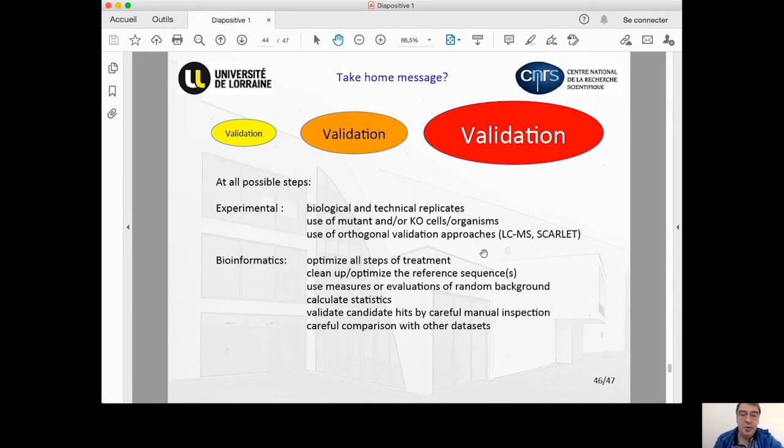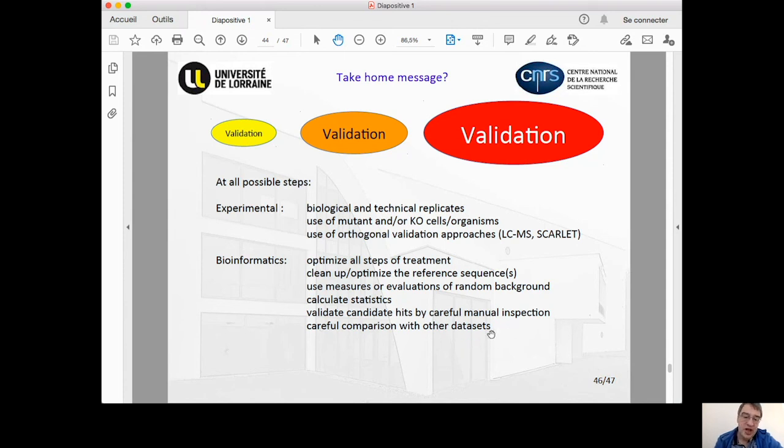It is also important to optimize all bioinformatics steps of treatment, by cleaning and optimization of the reference sequences to avoid misalignment of experimentally obtained reads, and also calculation of a random background and statistics for calling of modified sites. On many occasions, validation can also be complemented by careful manual inspection of the profiles to avoid wrong interpretations.